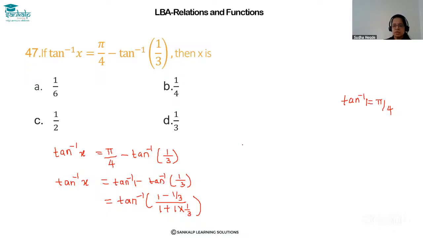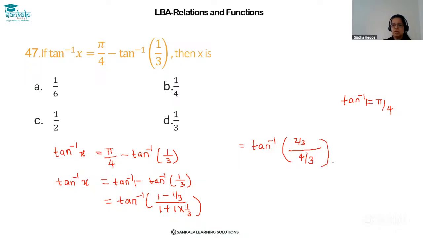So that is equal to tan inverse of, take LCM, 3 minus 1 by 3, it is 2 by 3, whole divided by 3 plus 1 by 3, that is 4 by 3.